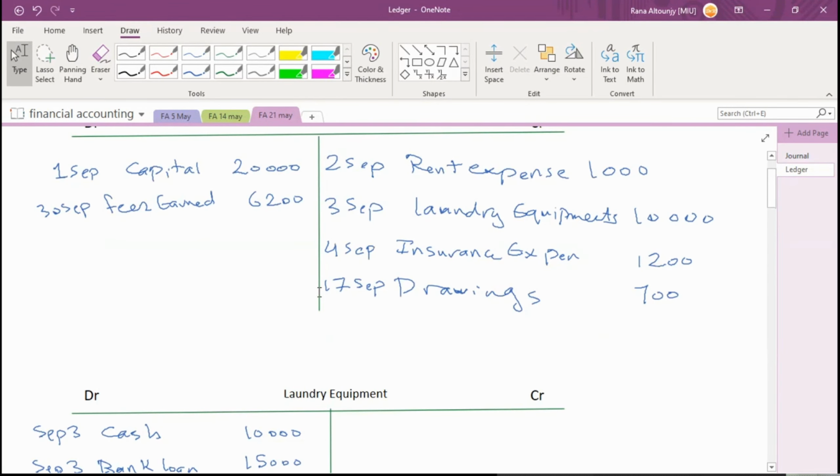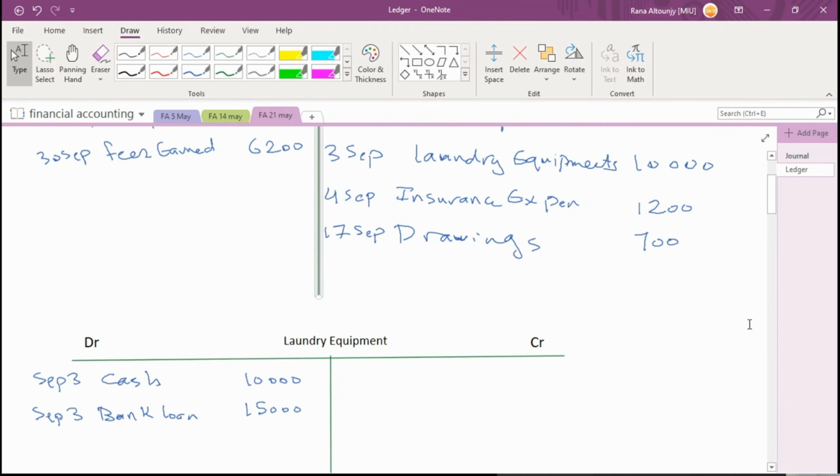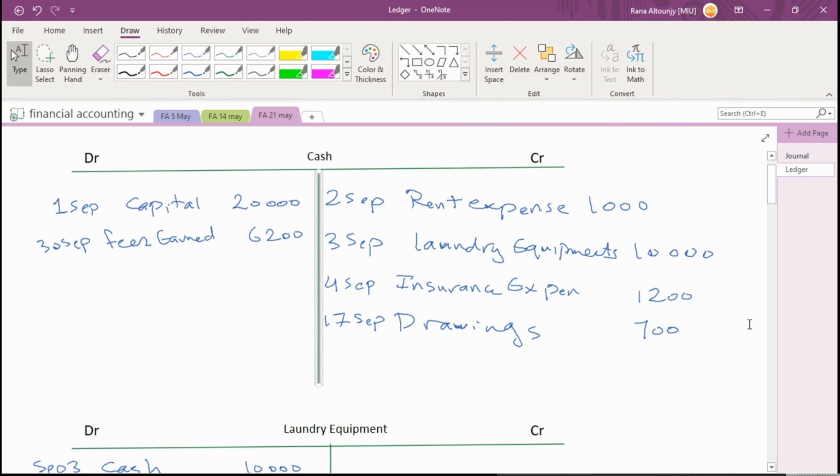There is one extra step we normally should do, which is closing the account, or what we call balancing the account. So let's calculate the two amounts. Can you calculate for me the sum of those amounts: 1,000, 10,000, 1,200, and 700?